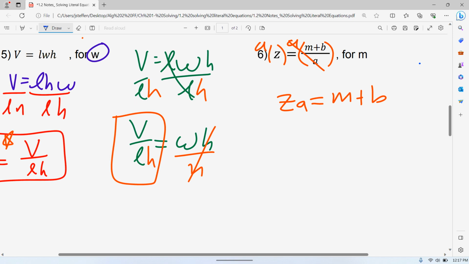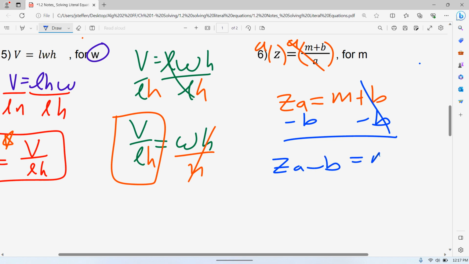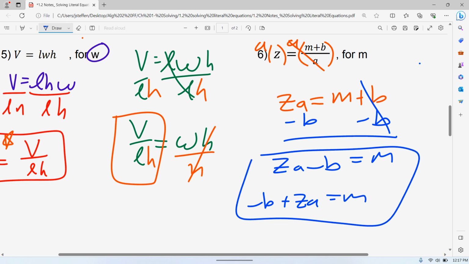And I'm solving for M, so I need to get rid of that B. Well, now, since it's adding, you subtract. That cancels. Now, again, I'm going to make it as ZA minus B. You can make it negative B plus ZA. It literally makes no difference. And again, there are a lot of different ways to write this.